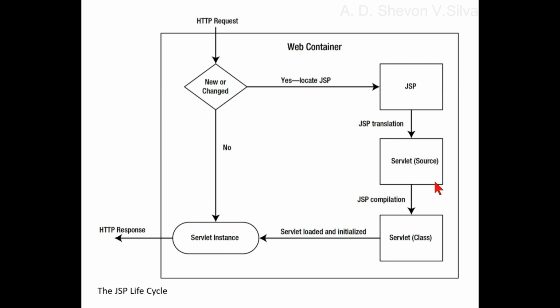After the page implementation servlet has been created, it will be compiled into a class file by the JSP engine and will be ready to use. Each time a container receives a request, it first checks whether the JSP file has changed since it was last translated. If it has, then it's retranslated. The response is always generated by the most up-to-date implementation of the JSP file.